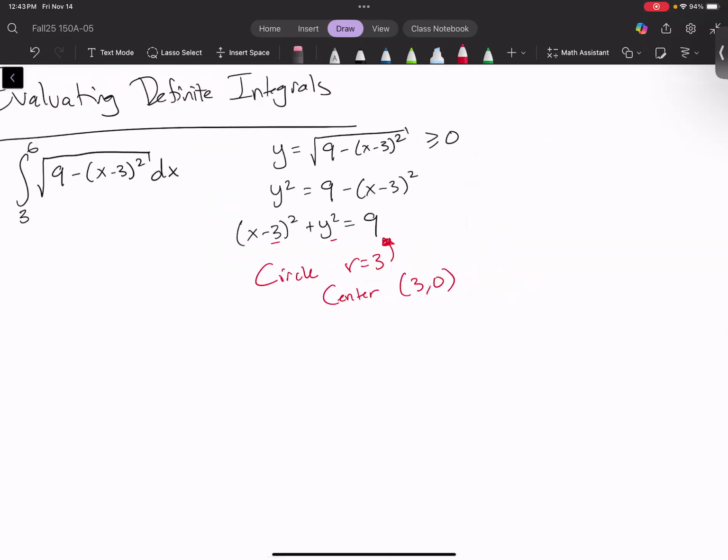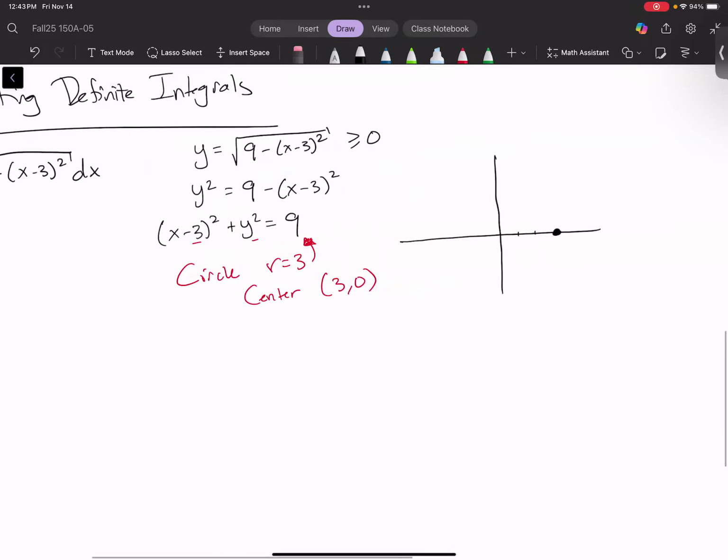So we can draw that. The center's x coordinate is 3: 1, 2, 3. So the center is here and the radius is 3, so it just barely hits the origin there. And this goes all the way to 6, right? If this is 3 and the radius is 3, it must hit 6.